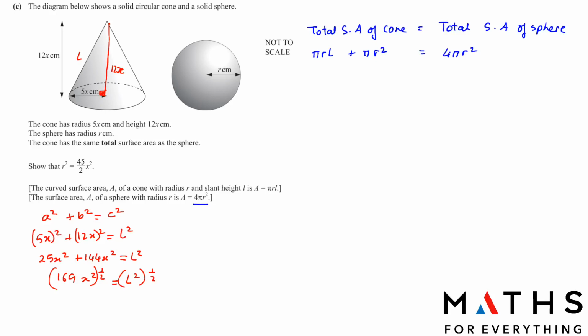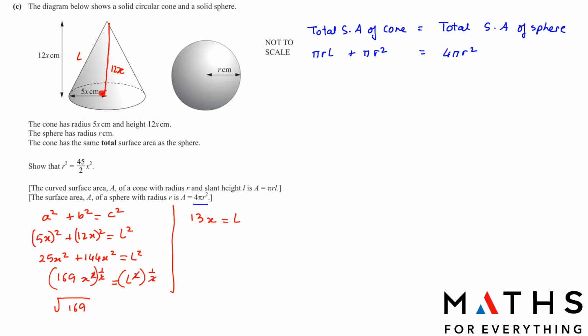Square root of 169, you can write either like that or like this. It's the same thing. Square root of 169 is 13, and the square and the square root cancel each other out. You will get x. Same here, the square and the square root cancel each other out. You are left with L. So 13x is your L.